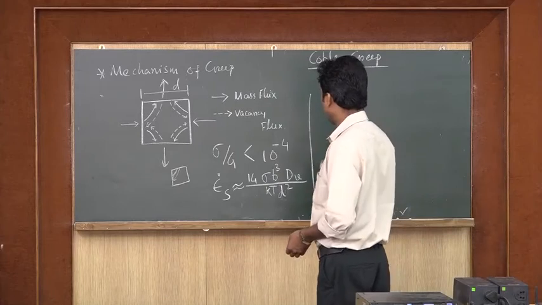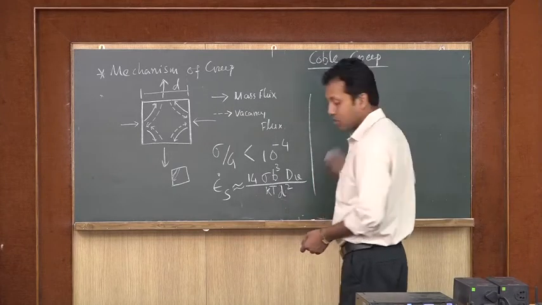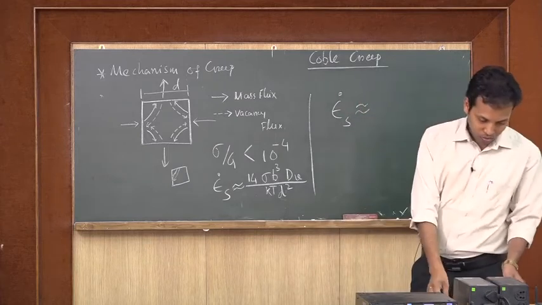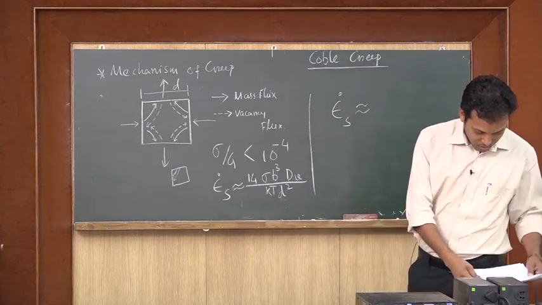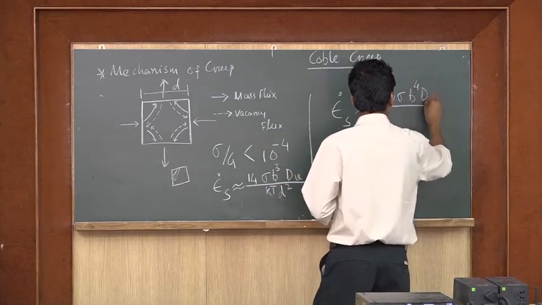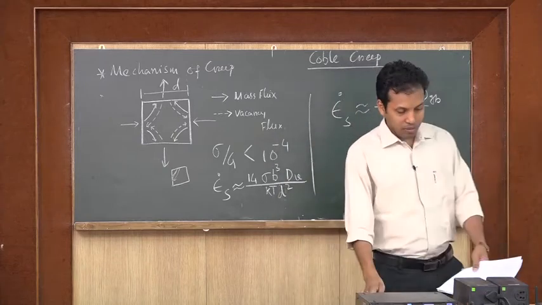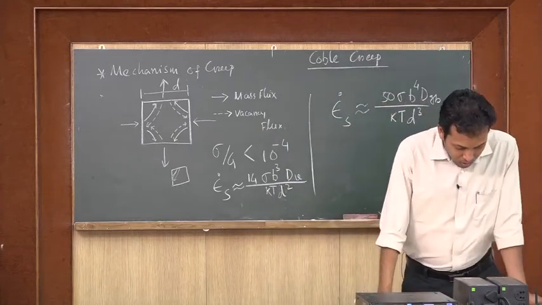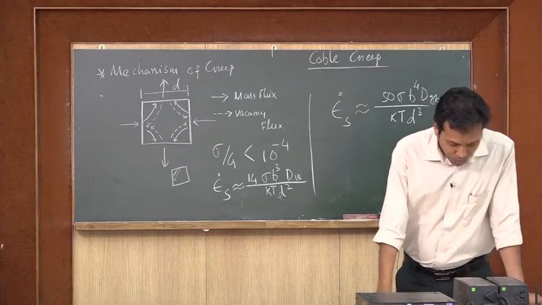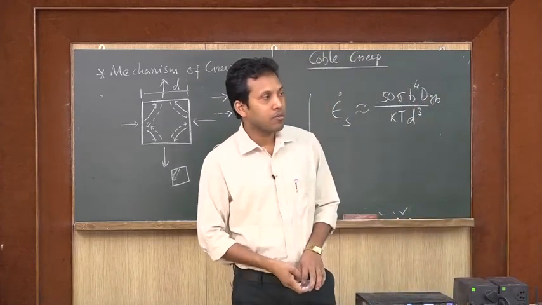And here also we have a certain equation for the creep rate. For Coble creep I have epsilon s dot equal to 50 sigma b to the power 4 Dgb divided by kT d cube, where Dgb is the grain boundary diffusivity.